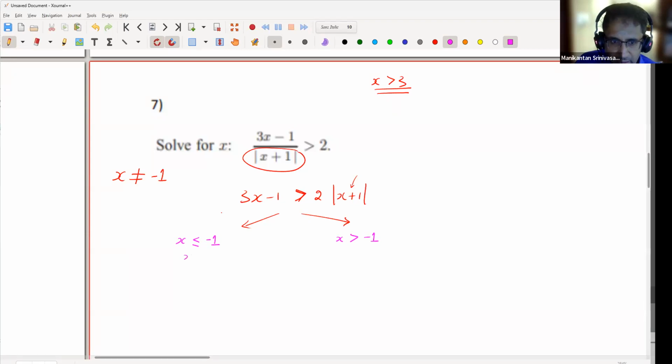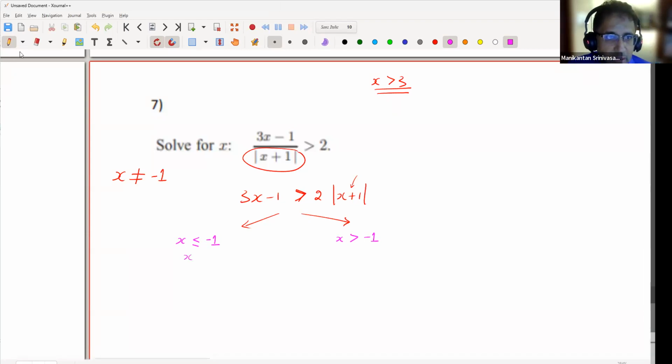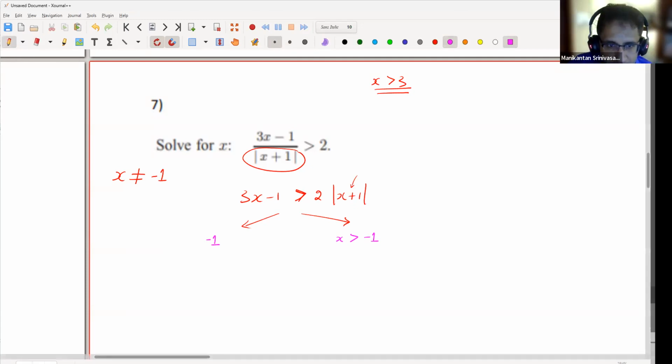I can put the equal sign anywhere. For example, I can have the analysis as x is less than -1 here, and I can say x is greater than or equal to -1 here, because either way at -1, it's 0. But even otherwise, in this problem, x equal to -1 is not even allowed. So we don't even have to worry. Okay, but let's go with this.